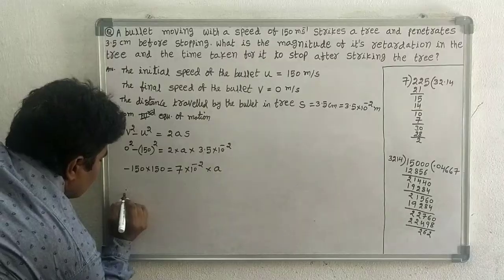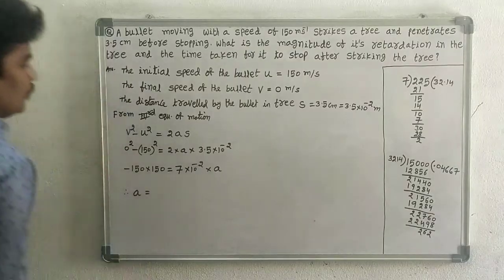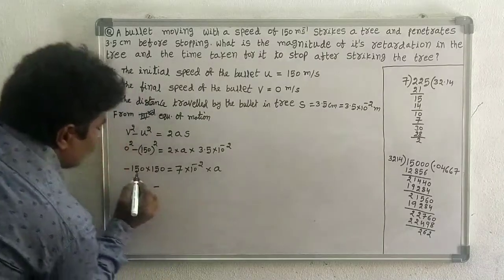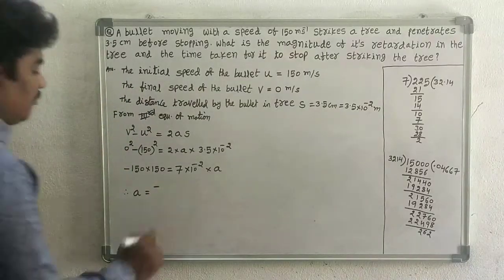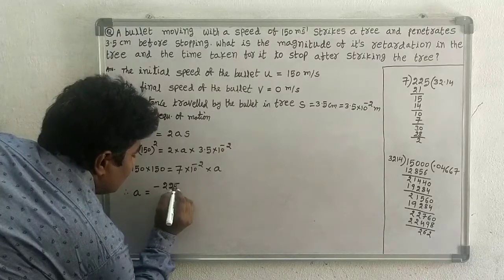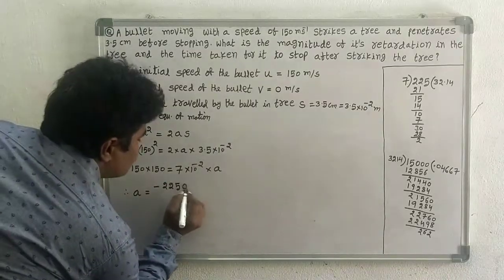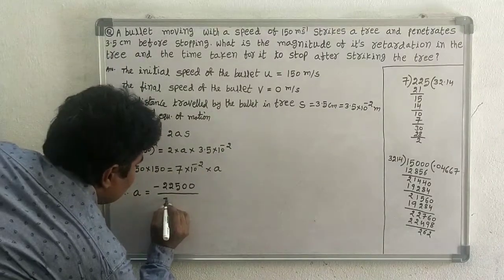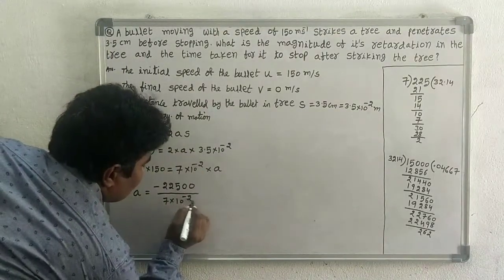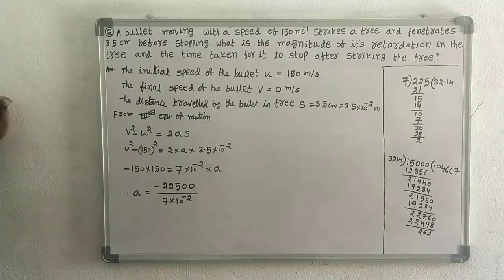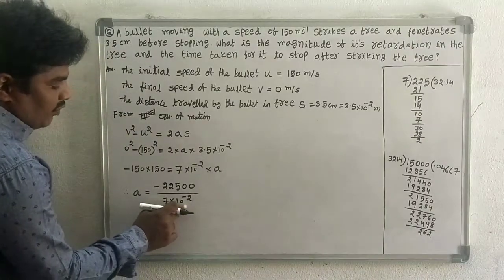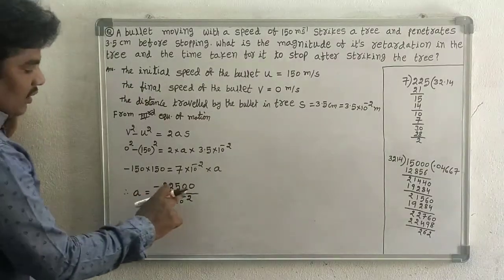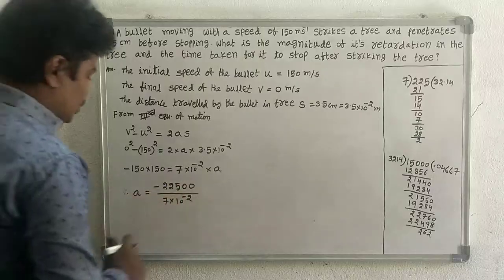Therefore a is equal to minus 225 by 7 into 10 to the power of minus 2. We take this 10 to the power of minus 2 to the numerator, we get 10 square, and these two zeros.